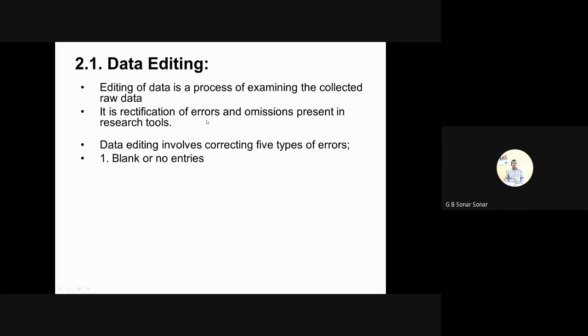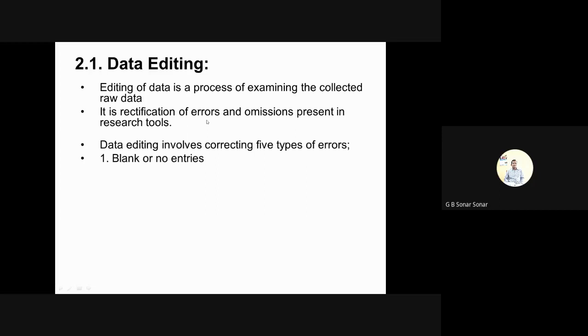For example, if there is a study and the sample size is 221, and when you are glancing through all those 221 interview schedules, you find that for some of the questions answers are not taken. If such blank entries are found more than one, like 5, 6, 7, then for that particular question the sample size will come down from 221 to less.